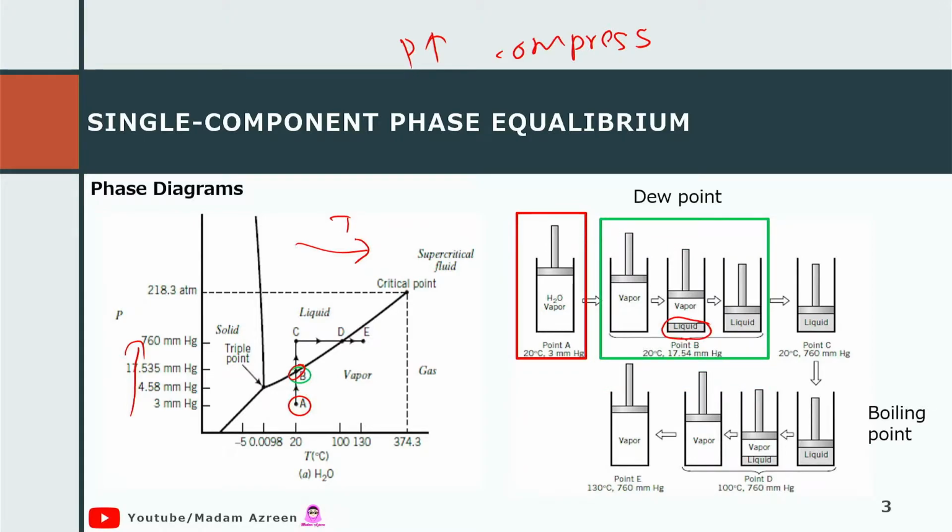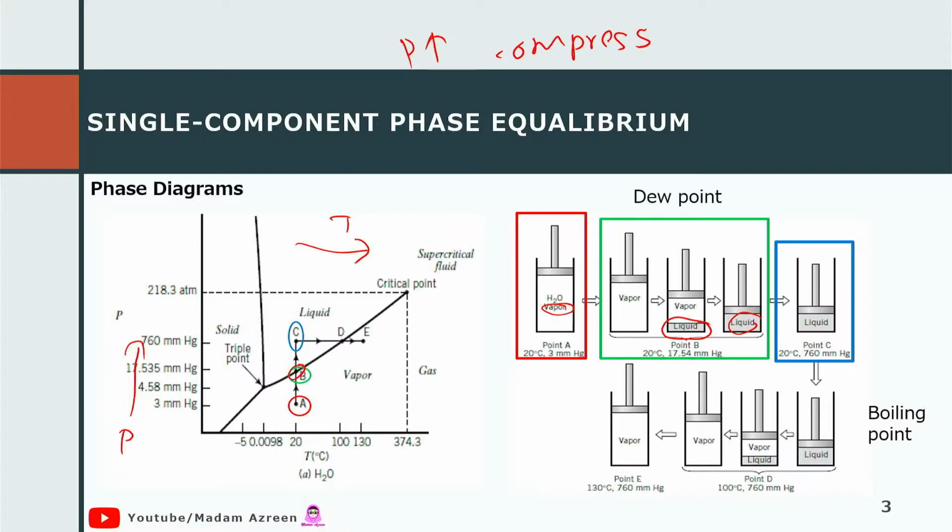When we compress further, at point C, all the water vapor becomes a liquid. That is what happens when we increase the pressure: water vapor turns into liquid water.